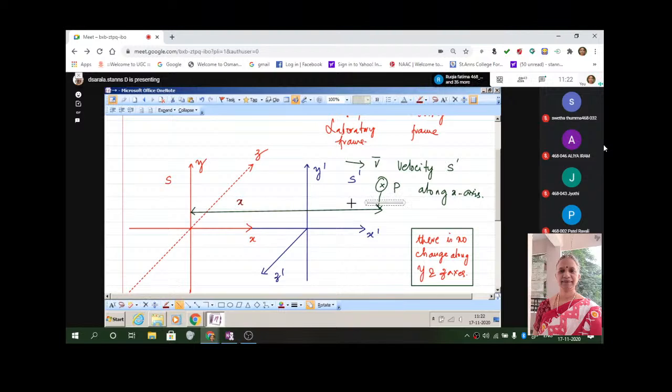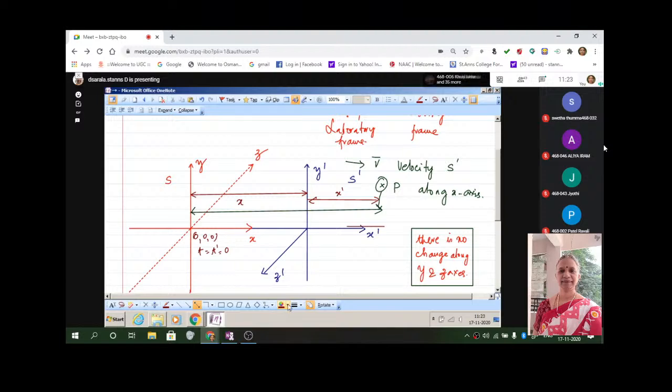This is the point, right? So, this is x prime. Now, initially both were at this origin, if you remember, at time t equal to t dash equal to 0. Now after t seconds, this has moved this distance. How much distance has it moved?